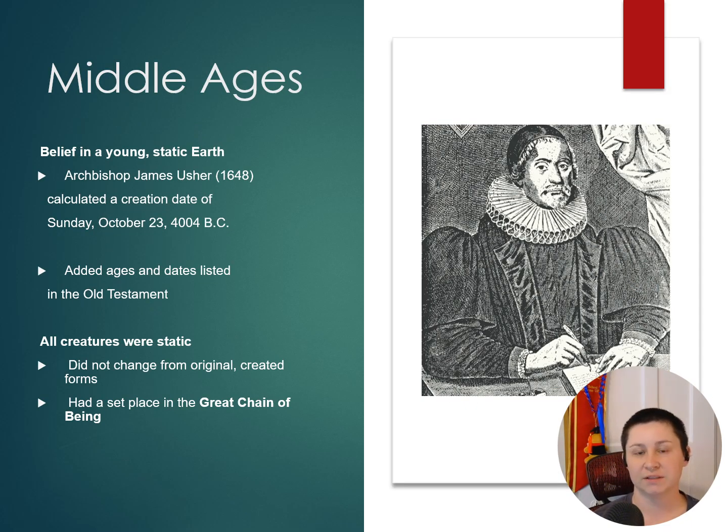So, continuing to build from Christian theology, Archbishop James Ussher consulted the books of the Bible to calculate the actual date of creation of 4004 BCE, making the earth about 6,000 years old.